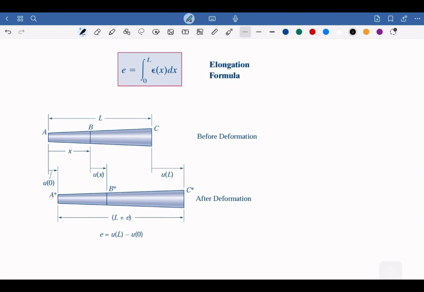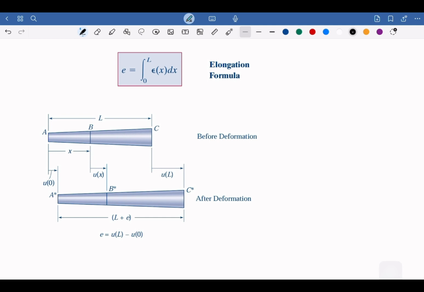What this elongation is about is not simply seeing this part change. In every increment there will be small changes, and we sum all of them and take that as the elongation. So we have L plus E, where E is how we sum up everything through the x-axis.